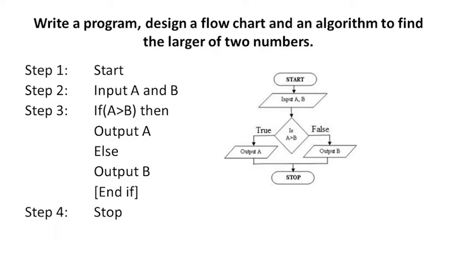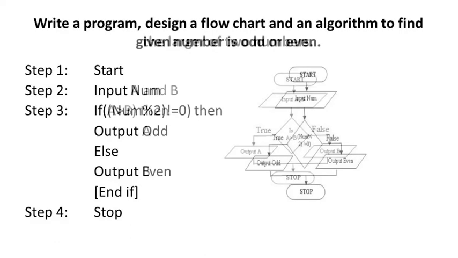How to write a flowchart for this? Start, as usual, input A comma B. In the decision symbol, we are going to compare: is A greater than B? If it is true, output A will be displayed. If it is false, output B. Then stop the program. This is the flowchart for finding the larger of two numbers.